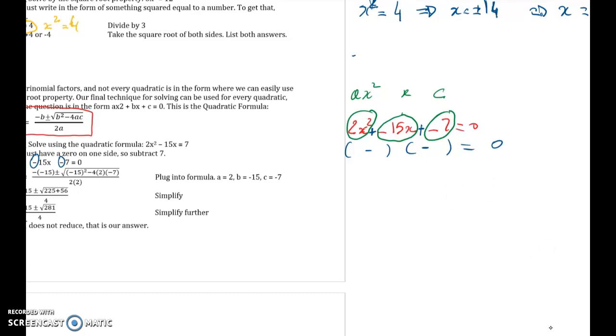In between, we have a plus. Equals 0. There is a plus. Okay?